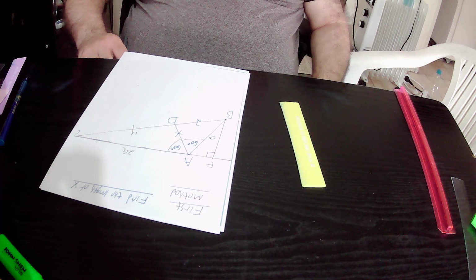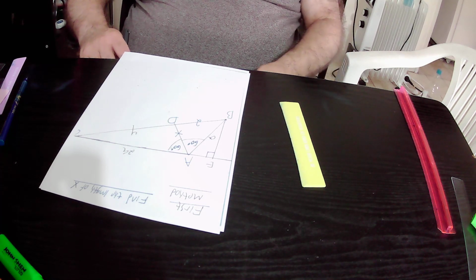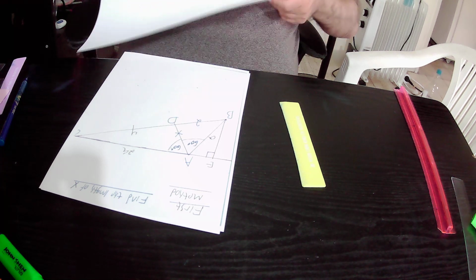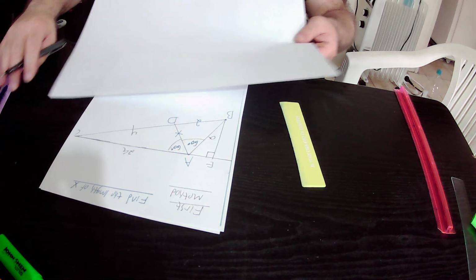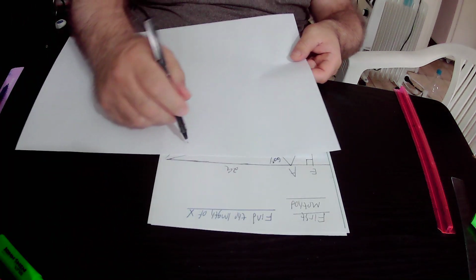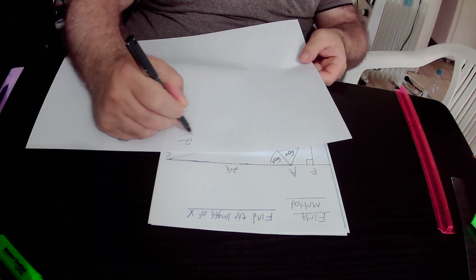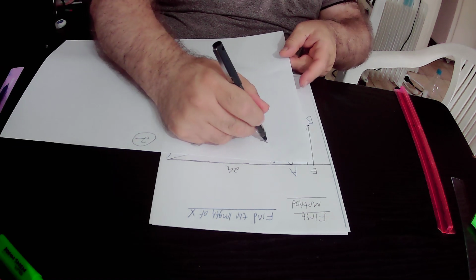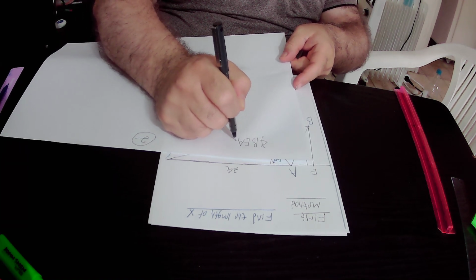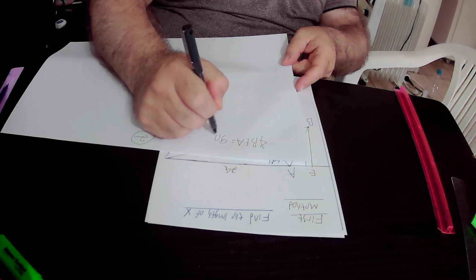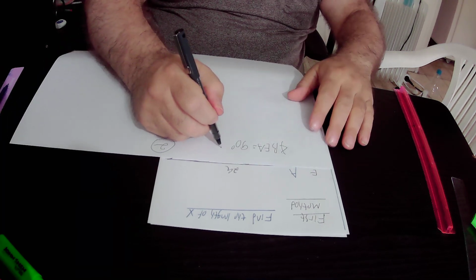I'll write it down. Angle BEA equals 90 degrees according to our construction.